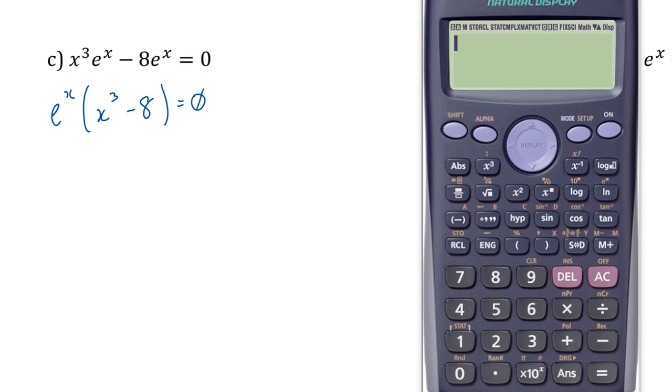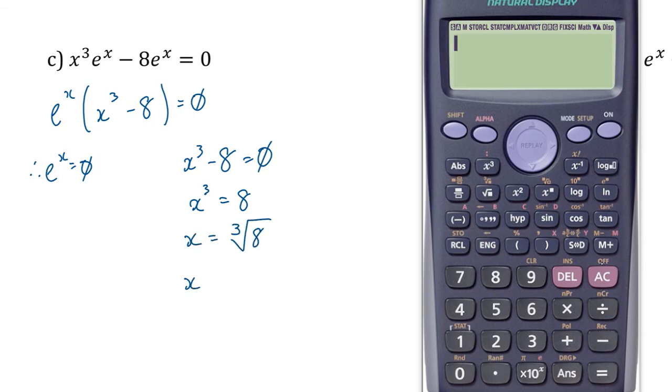And I'm left with that. So therefore, e to the x equals 0, and x cubed minus 8 equals 0. Well, x cubed minus 8, that's a difference of cubes, but the easiest way to solve this, I'm not going to do the whole factoring thing there. My goodness, why would I bother doing that? Cube root of 8, x is 2. So there's one solution there.